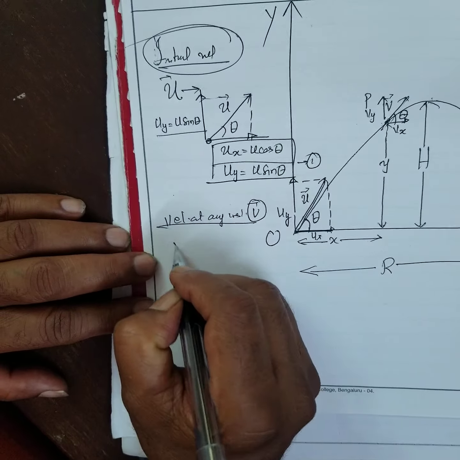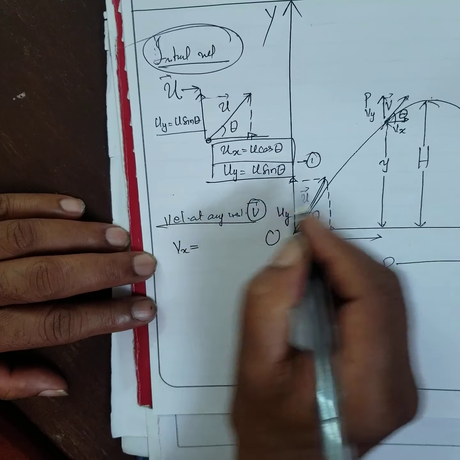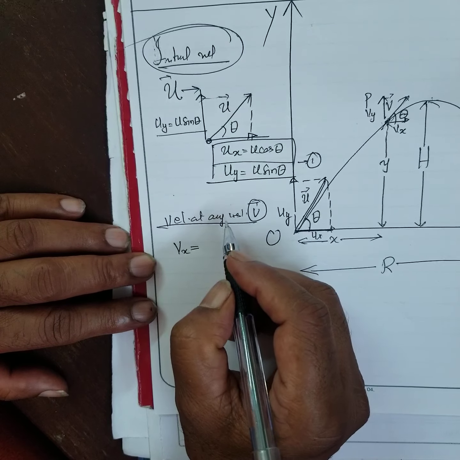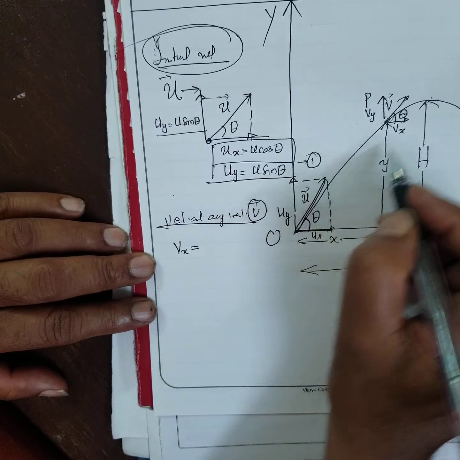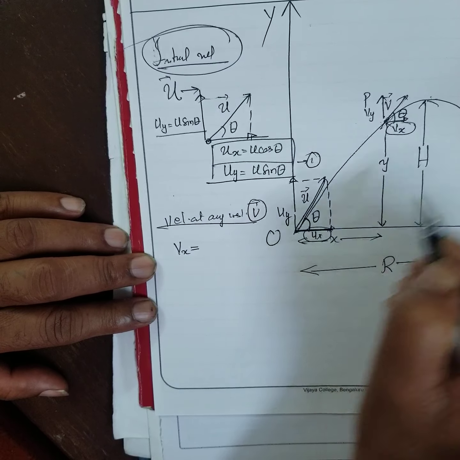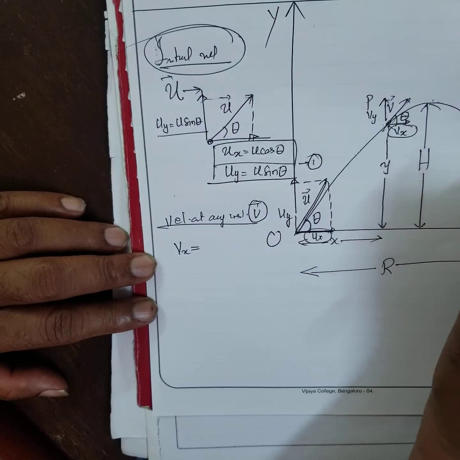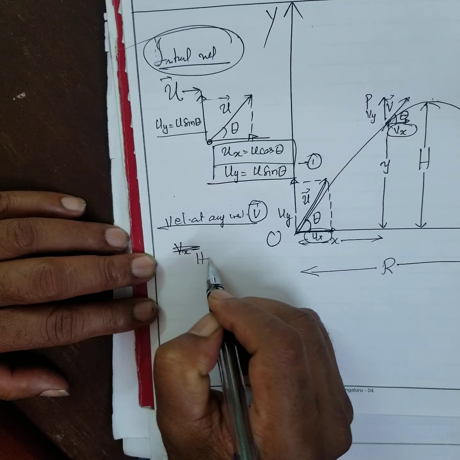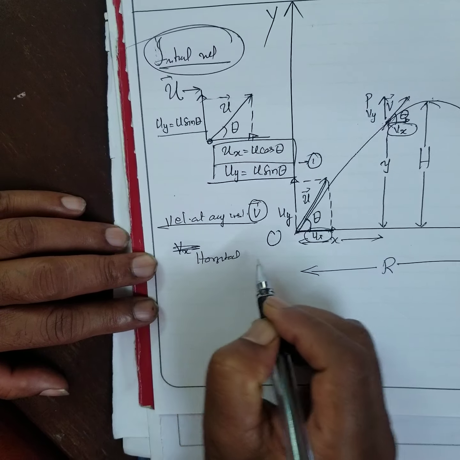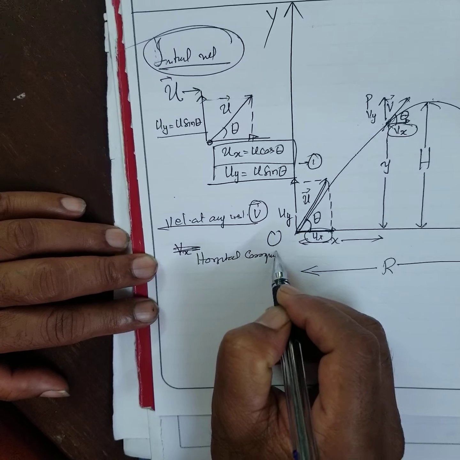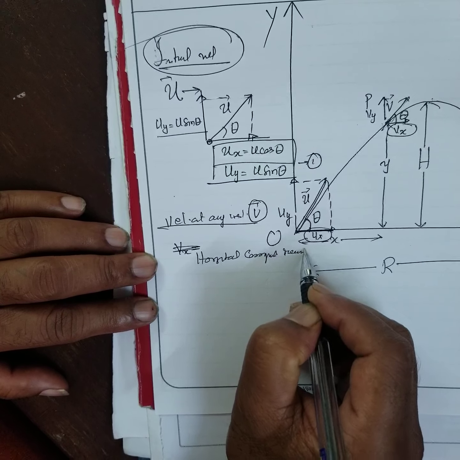Again, Vx and Ux remain the same. Vx everywhere, that means the horizontal component remains the same.